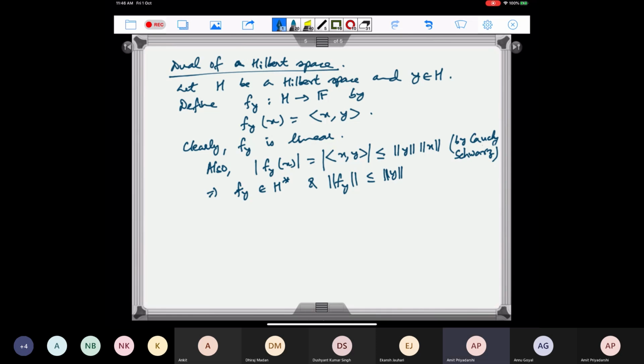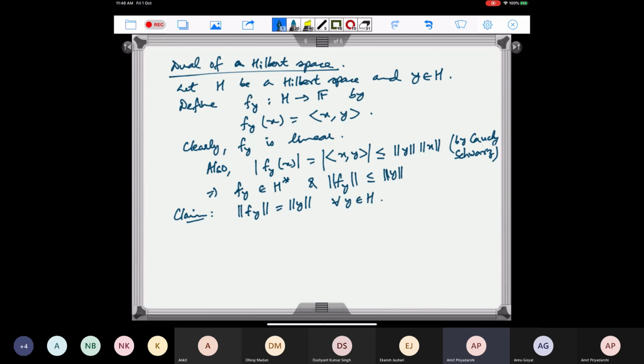In fact, we can see that this norm of F_y is equal to norm of y by choosing a particular x. So the claim is the norm of F_y is equal to the norm of y for every y in H. So we already got that the norm of F_y is less than or equal to norm y.